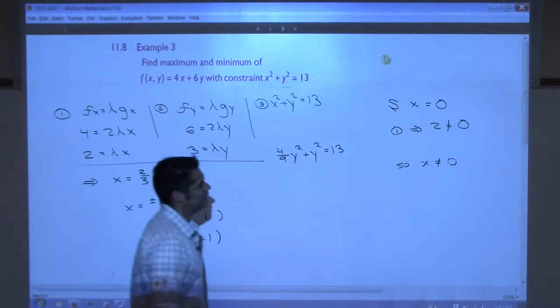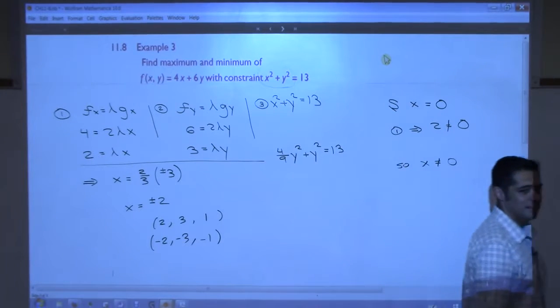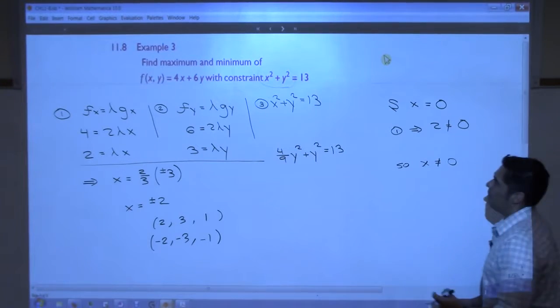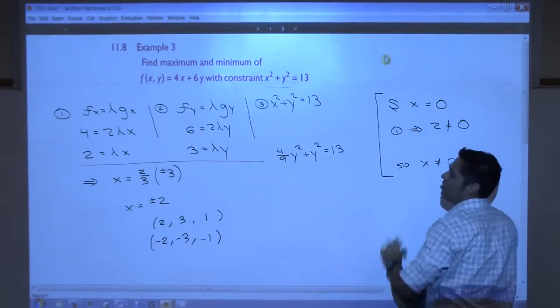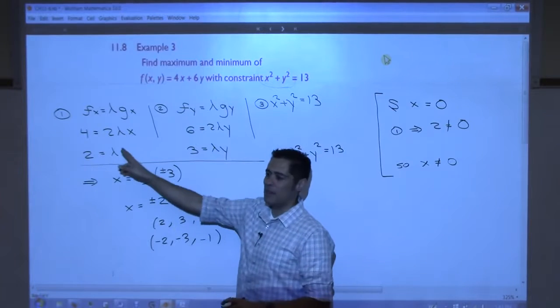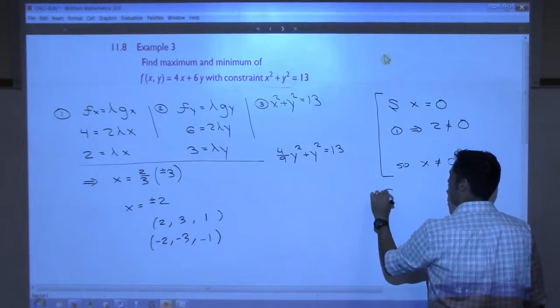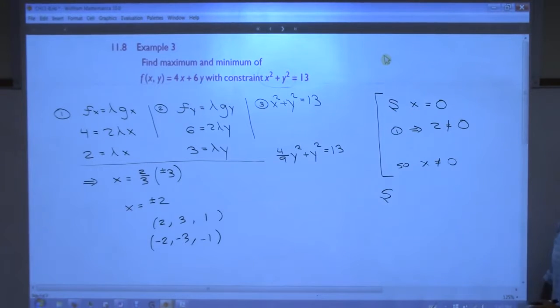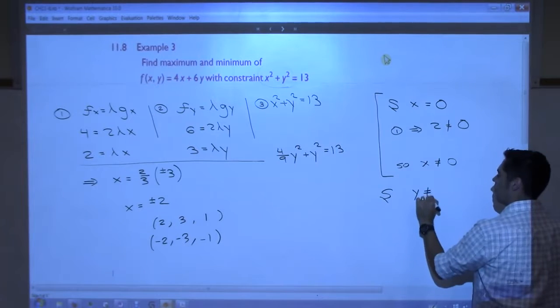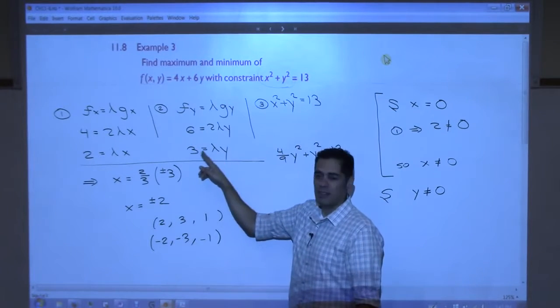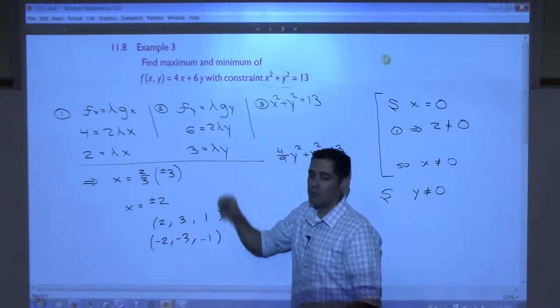OK. Anything else that we didn't look at? What about taking equation 2 and solving it for lambda, and then taking that and plugging it into this one? So what would I have to start my suppose off with? Suppose y does not equal 0. If y does not equal 0, I can take my second equation and divide through by y.